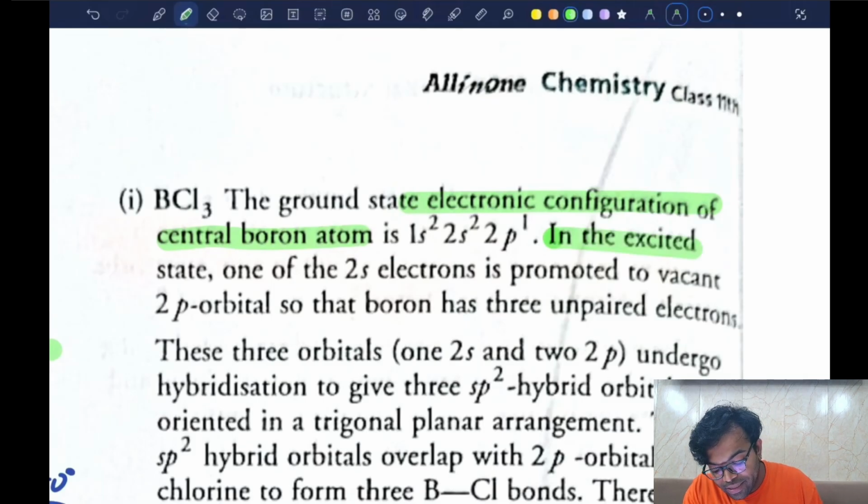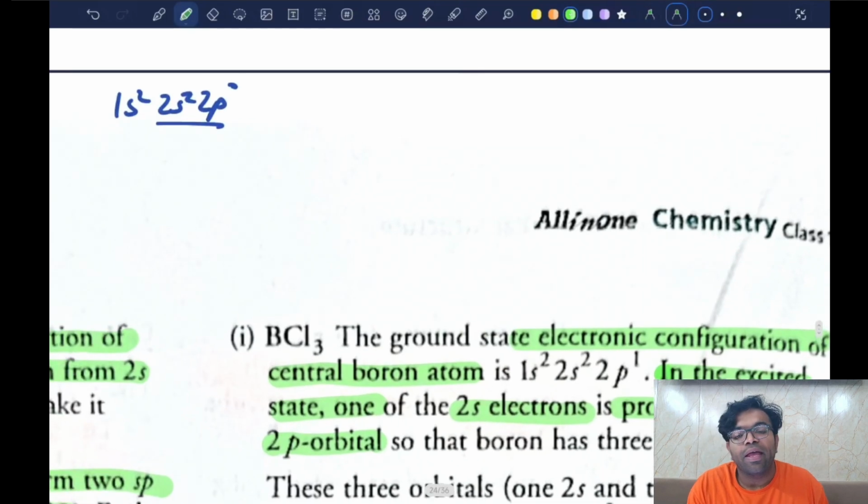In the excited state, one of the 2s electrons is promoted to the vacant 2p orbital. Now, in the case of beryllium fluoride, we promoted the electron from the valence shell to the valence shell only. That is, we took one of the electrons from the 2s2 and gave it to the 2p, to make it into an sp hybridization.